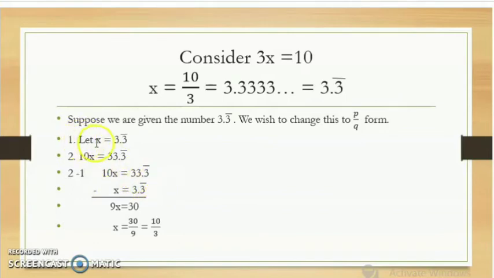The first equation says x is 3.333. So now we have made both the decimal parts the repeating decimal portion, that is 3.33.